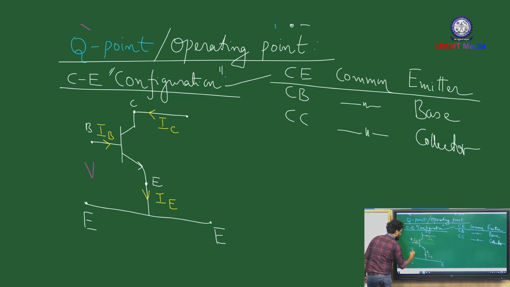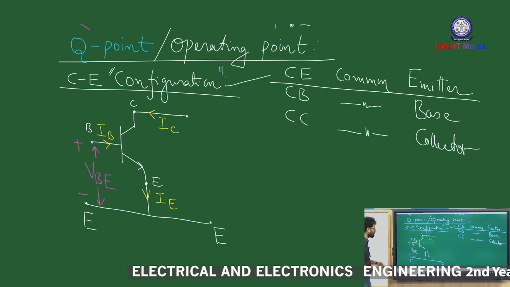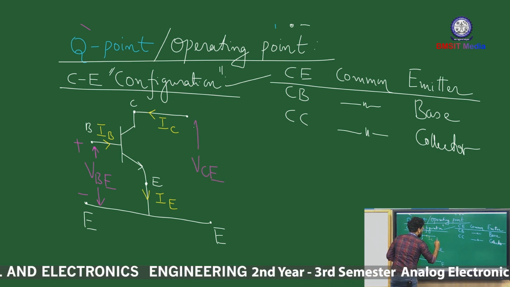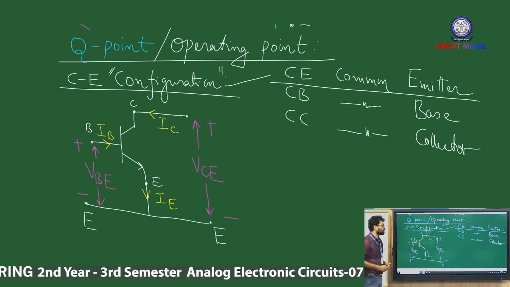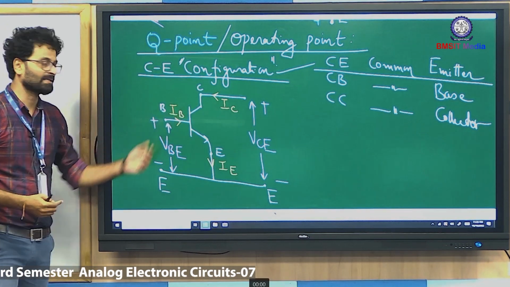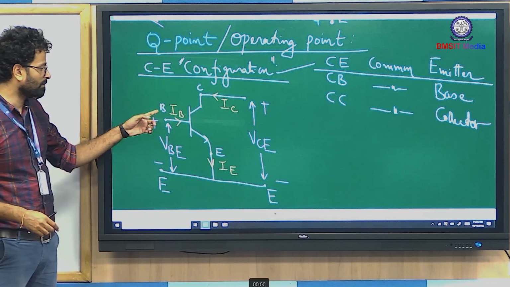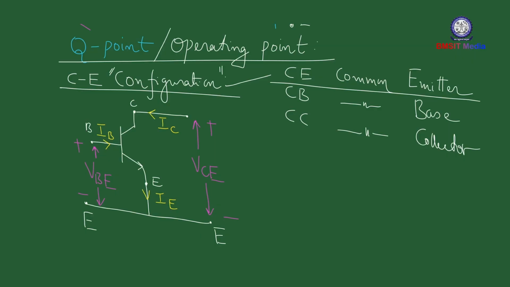This is your input voltage, VBE, assuming base is at higher potential compared to emitter, and this is the output voltage, VCE. Okay, we'll not worry about what is the voltage that exists between base and collector terminal. That can be found simply by finding base to ground voltage and collector to ground voltage. We'll talk about it sometime later when we solve actual problems in biasing.